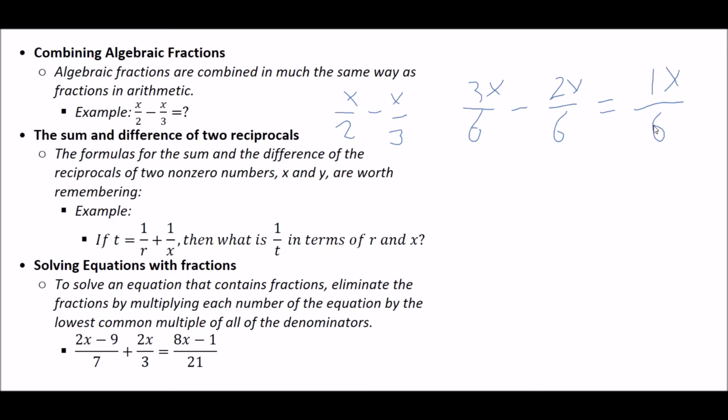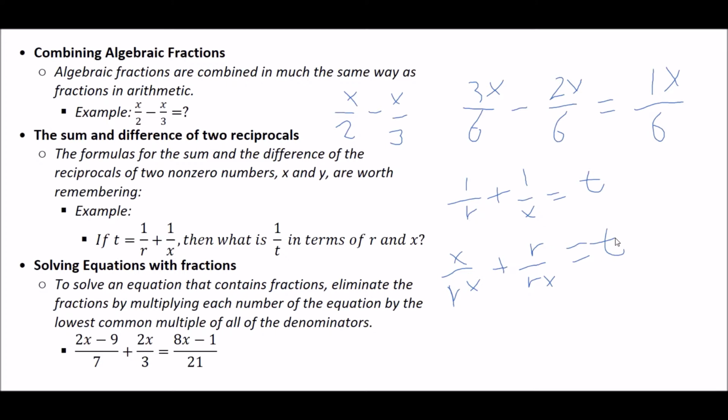Okay, let's do it. So 1 over r plus 1 over x is equal to t. Okay, so x over rx plus r over rx. As you can see, this equation that I just wrote below is the same as the one at the top, because you can cancel the x and you will be left with 1 over r, and you can cancel the r's and you'll be left with 1 over x.